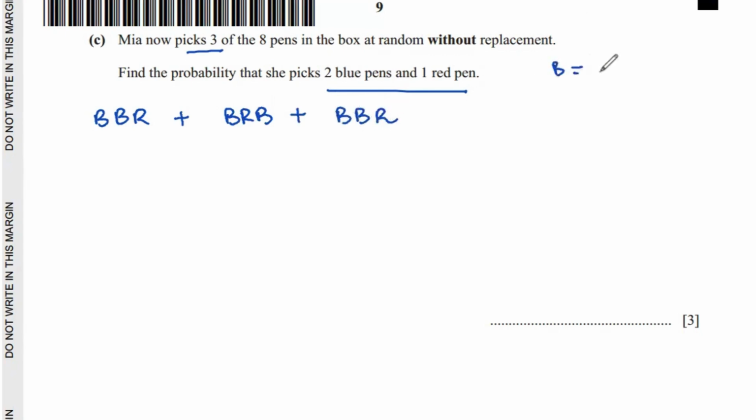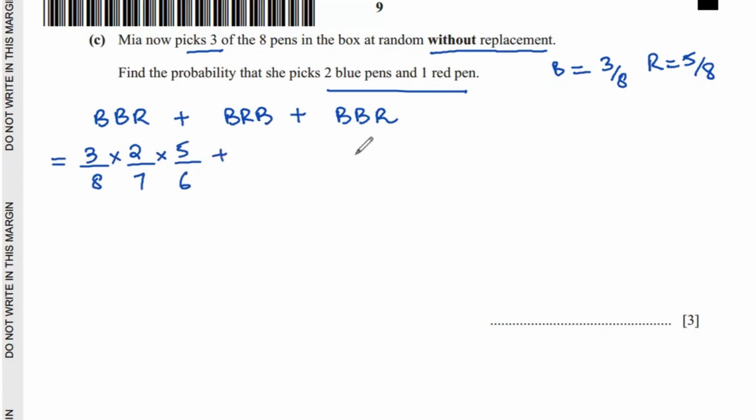Probability of blue was 3 over 8 and red was 5 over 8. So if she's picking blue first, 3 over 8, then blue the second time, now it's 2 over 7 because this is without replacement. So there's 1 less in the total and in blue. And red would then be 5 over 6.